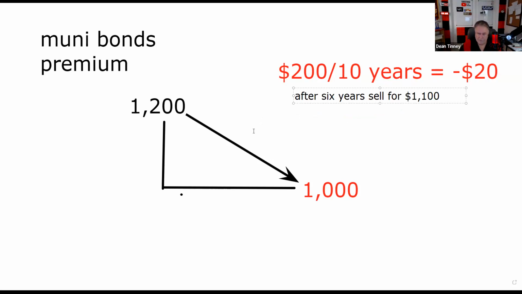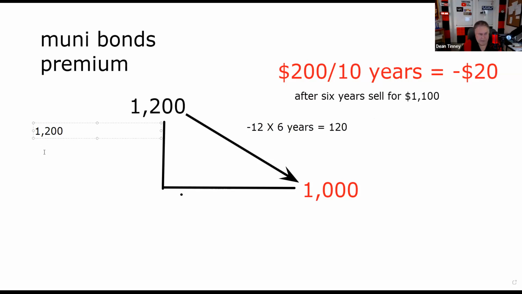So if you've held this muni bond for 6 years, and you were supposed to be writing off $20 a year, you should have adjusted your cost base by 120. Right, so my original cost basis was 1,200.